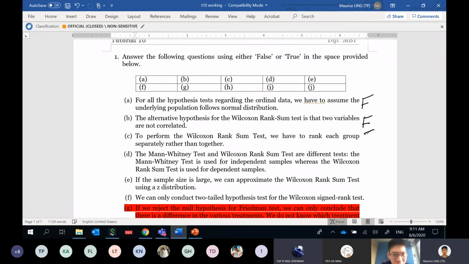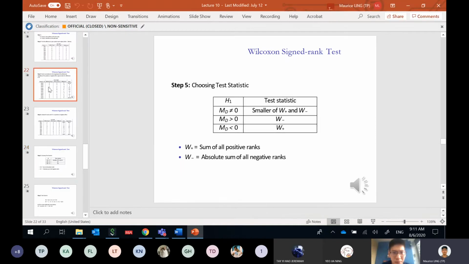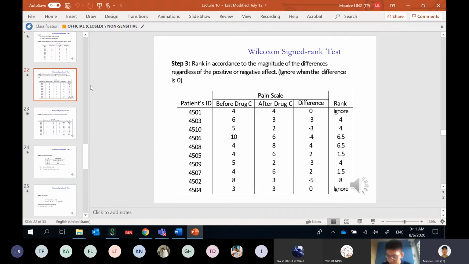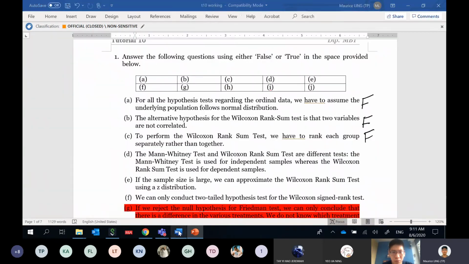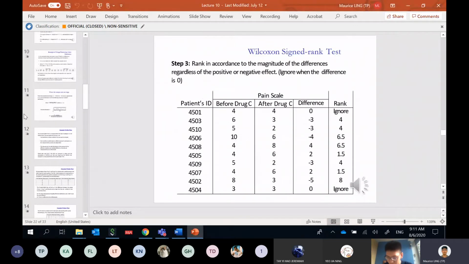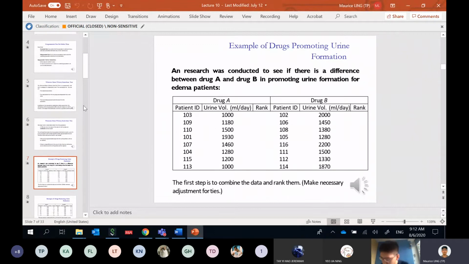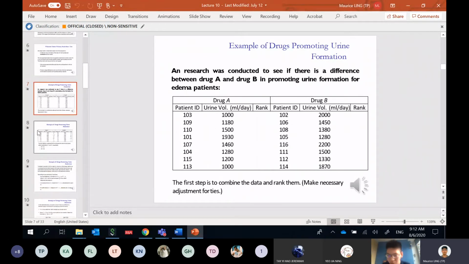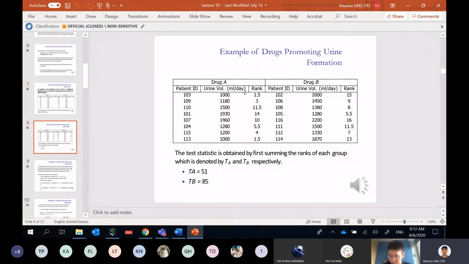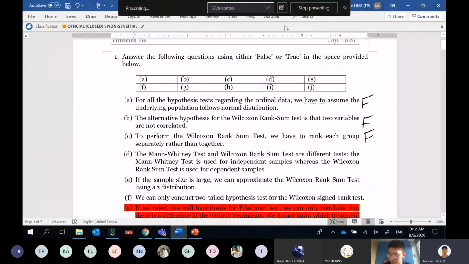You don't rank them separately, rank them together. So for rank sum test, you go to the lecture. Yeah, you rank them together first. Okay. All right.